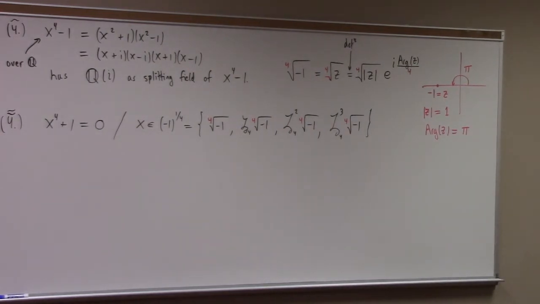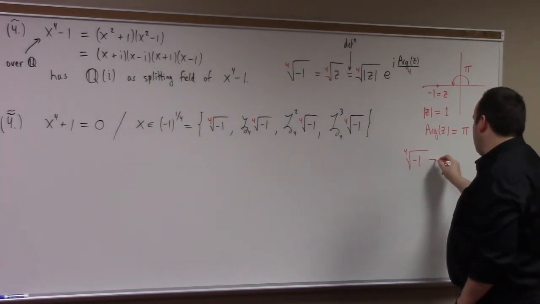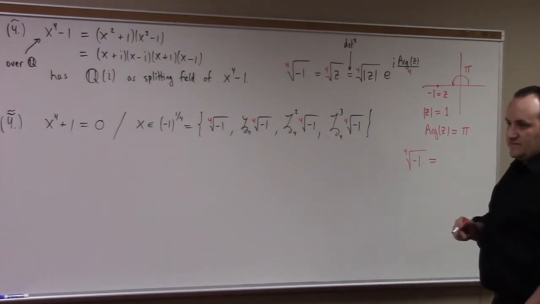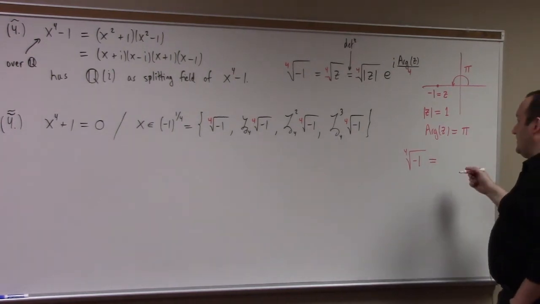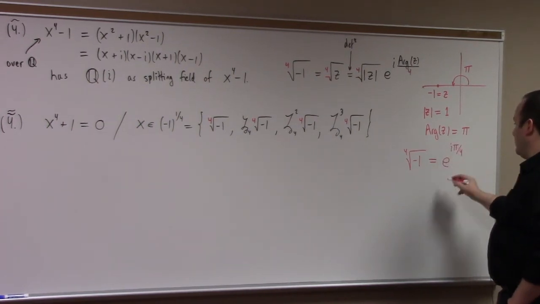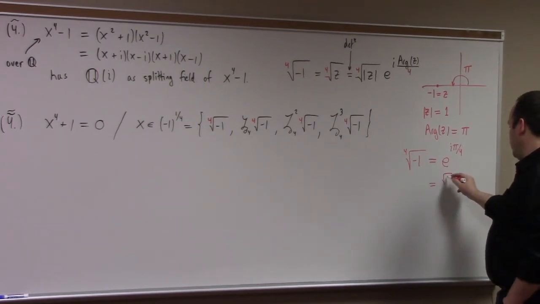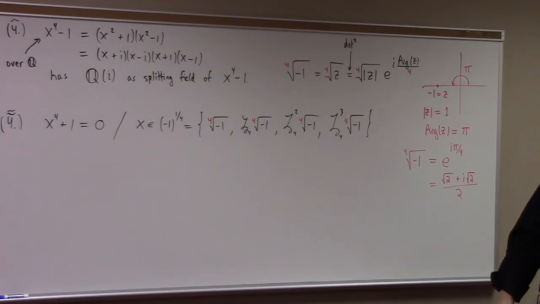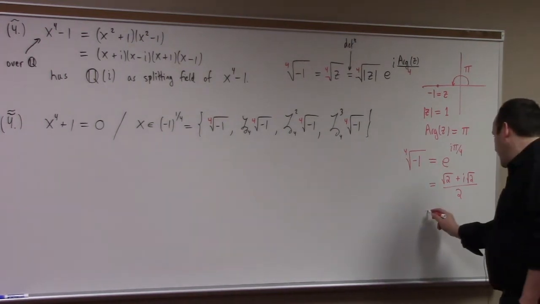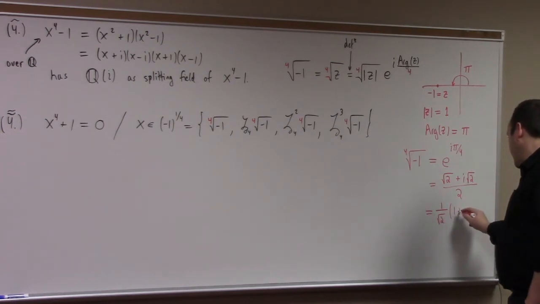So the fourth root of minus 1 is, by the usual terms and conditions of complex variable theory, simply e to the i pi over 4, which is also known as square root of 2 over 2 plus i square root of 2 over 2. Or we could be lazier and write that as 1 over the square root of 2 times 1 plus i, if you like that.